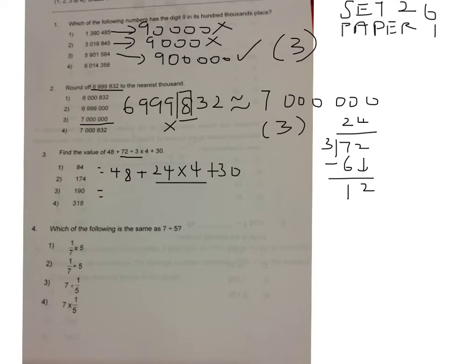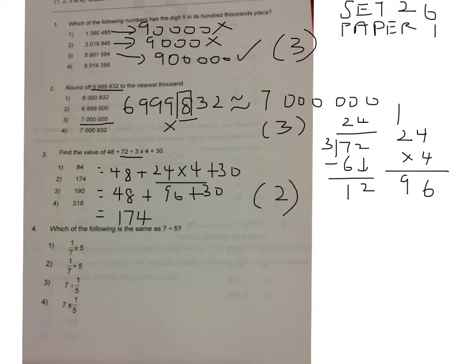Okay, we have to do the multiplication first. 24 times 4, 4 times 4 is 16, 2 times 4 is 8, 96. 96 plus 30. Okay, so you add up this whole stretch of numbers, you have 48 plus 96, 144 plus 30, 174. So question 3, our answer is 2.